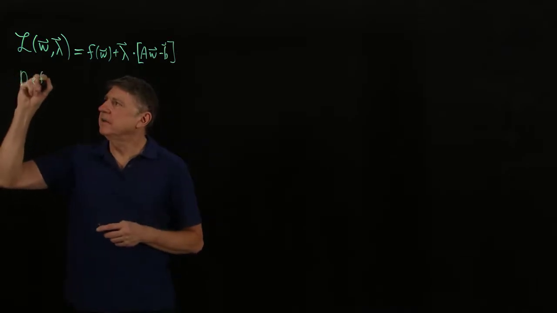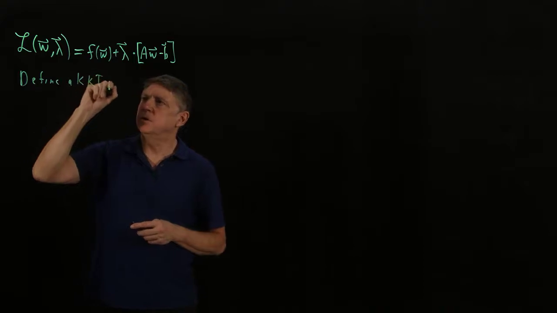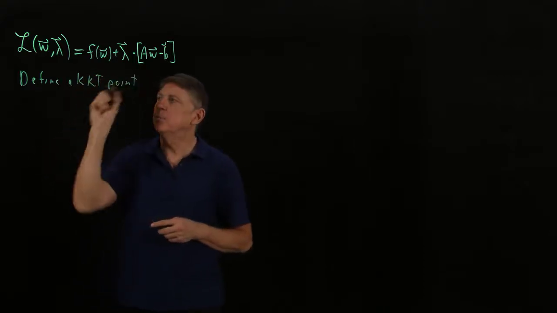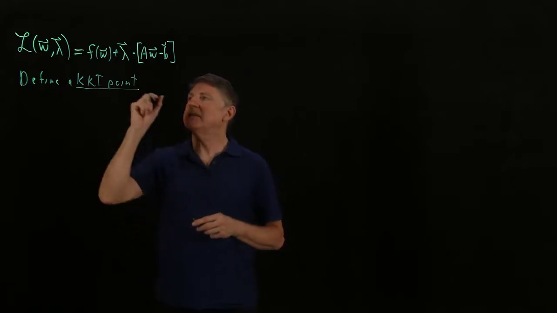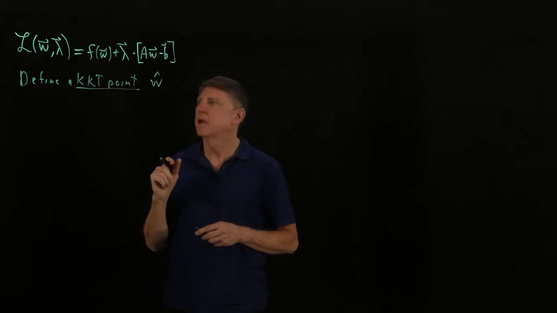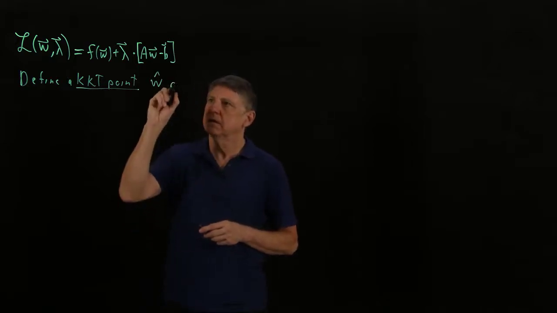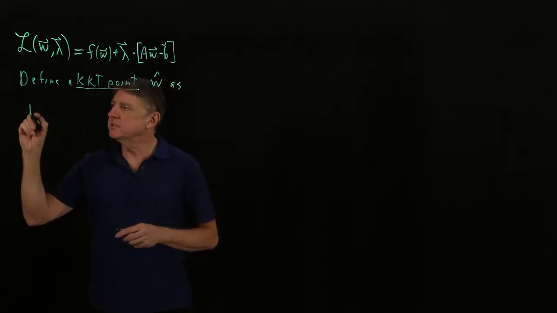And we will define a KKT point. This is a widely used term, a KKT point, and we'll put a hat over it for the time being. We'll define this as satisfying four conditions.